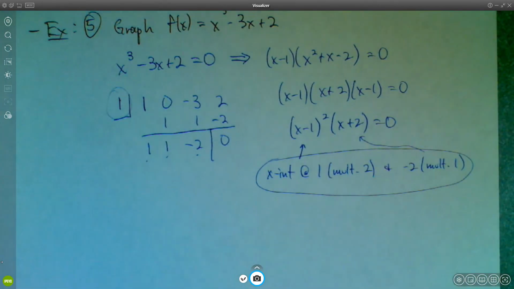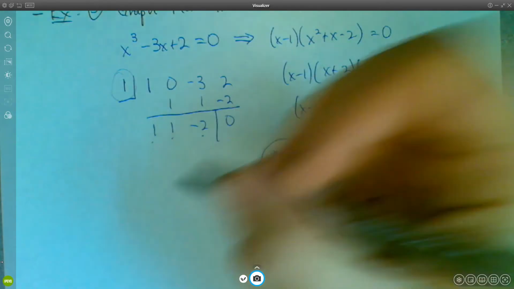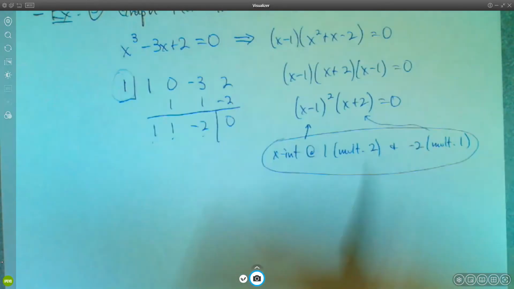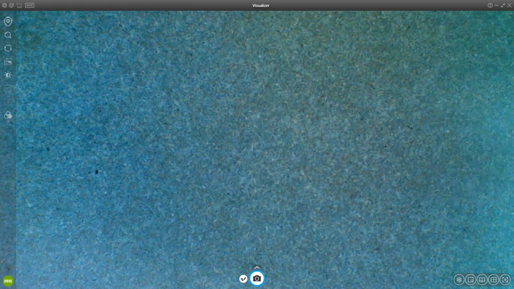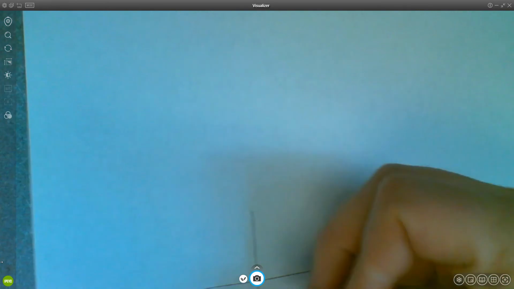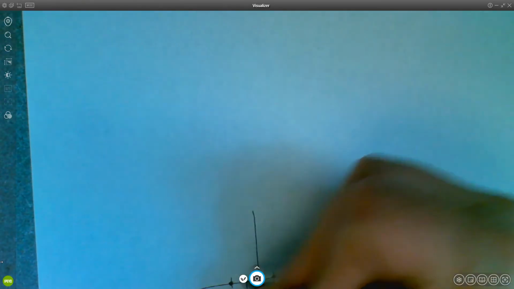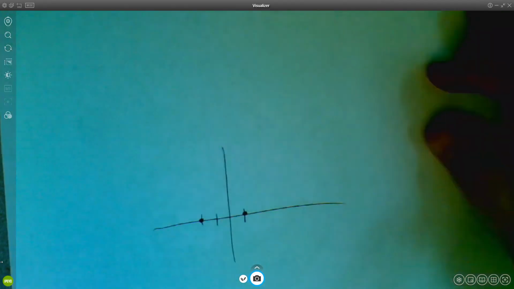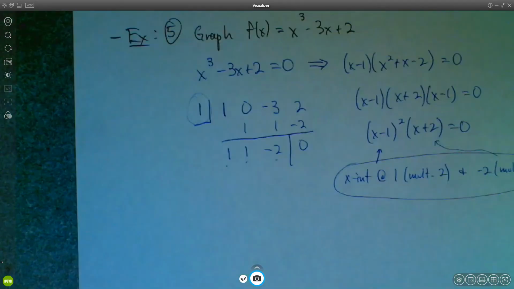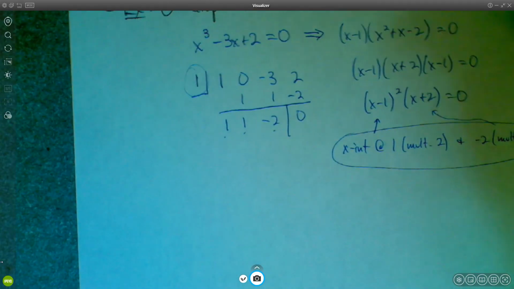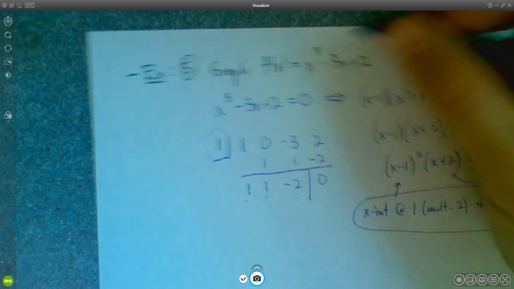But that's not enough all by itself for us to be able to graph the function. So we know that we have x-intercepts at 1 and at negative 2. You also knew this from pre-calculus: you could look at the end behavior of the function.